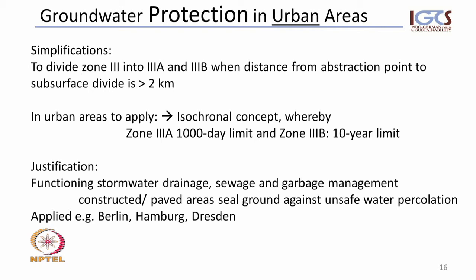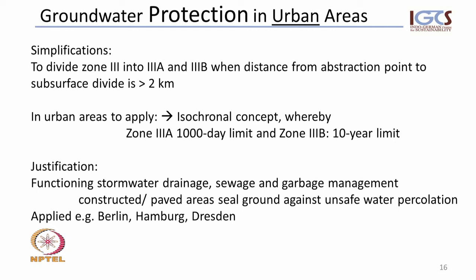So the justification for this is that it assumes that there's a functioning stormwater drainage in such urban areas, that there's a proper and functioning sewage and garbage management system, that most of the area is built up or paved and so, to say, sealed from unwanted and unsafe water infiltration, from water percolation.